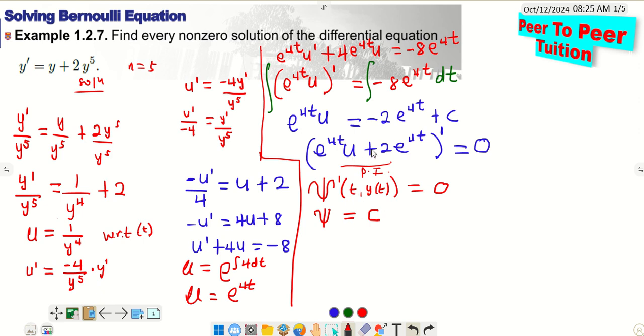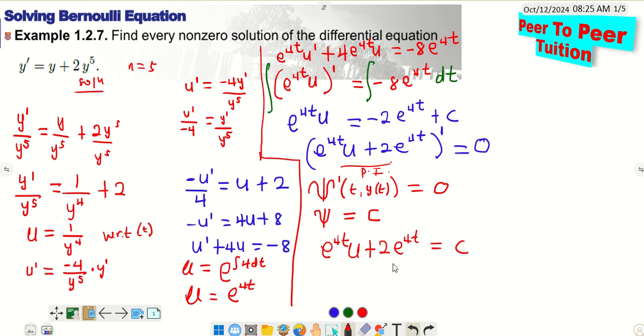And that constant is what is inside the bracket here. So I can say that e^(4t) u plus 2e^(4t) should be equal to the constant C.